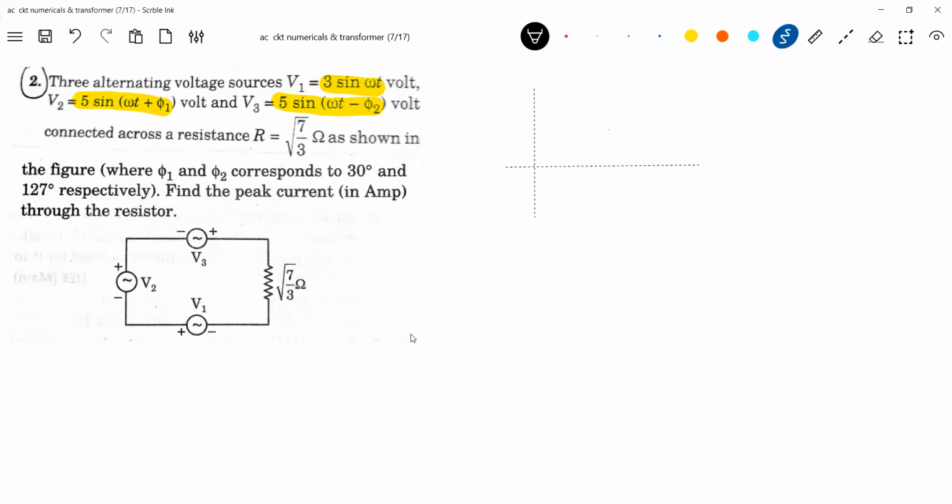This will be V1. I'm indicating the RMS value. So this will be 30 degrees. V2 minus 127, so this will be V3. The source is acted upon by 90. So 37.